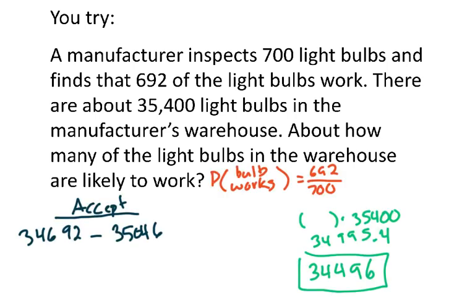All right, so this one, there's a couple answers that I would have accepted. So how we do this, the probability that the bulb works, there's 692 out of 700 that work. I'm going to take this probability and multiply it to 35,400, which should give us 34,995.4, which we would round because we can't have 0.4 of a light bulb, so we'd round it up.